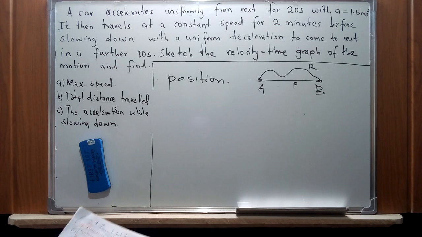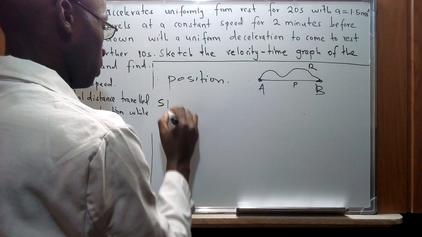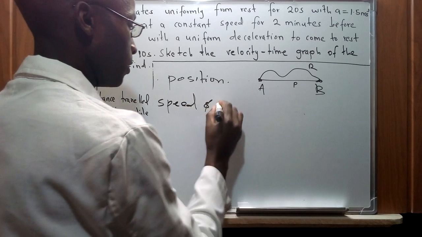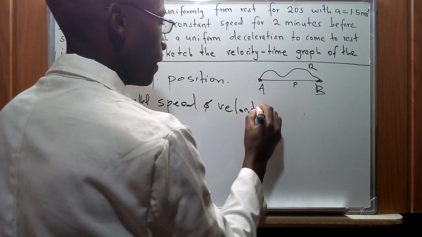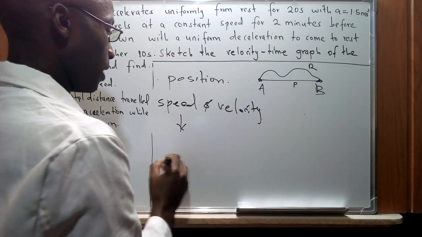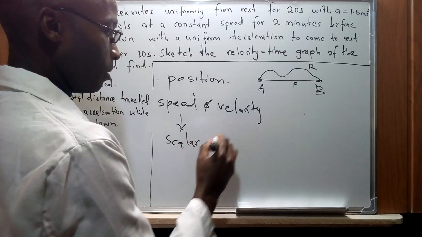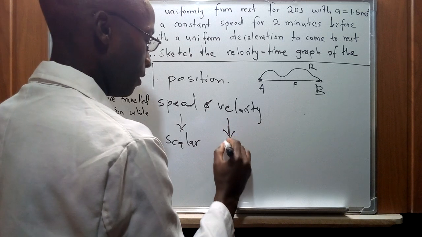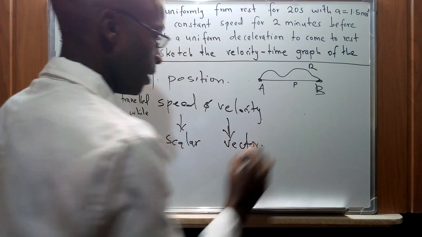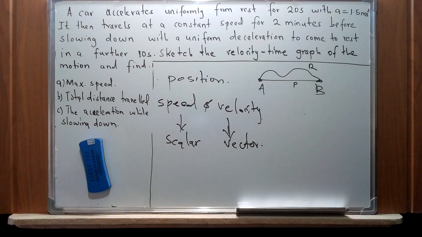And then under this, we also talked about the difference between speed and velocity. We said that speed is a scalar quantity that only possesses magnitude, while velocity is a vector quantity. So when you are trying to define velocity, you have to indicate in which direction this particular object or person is moving.